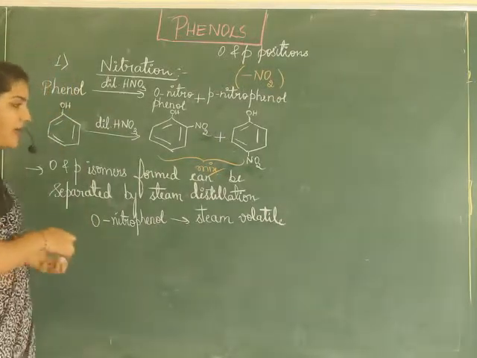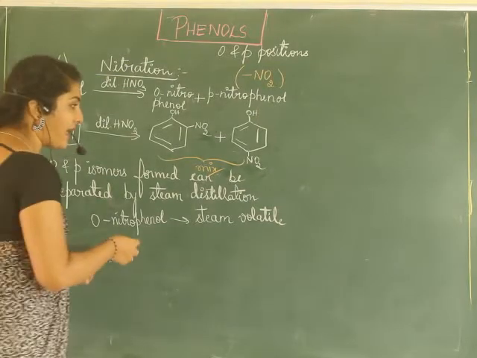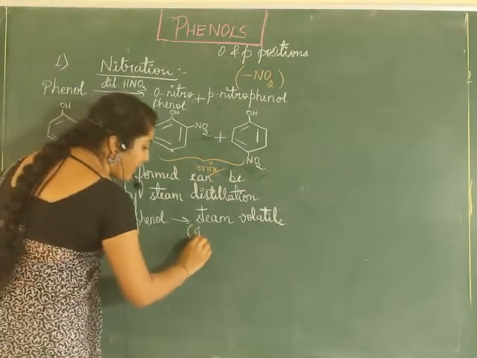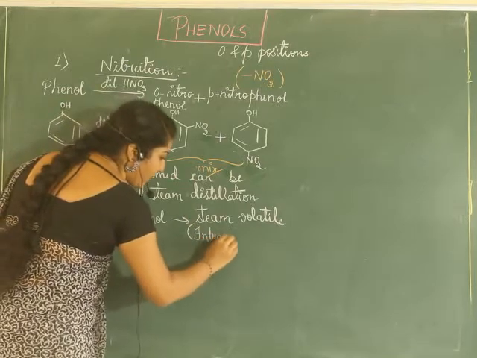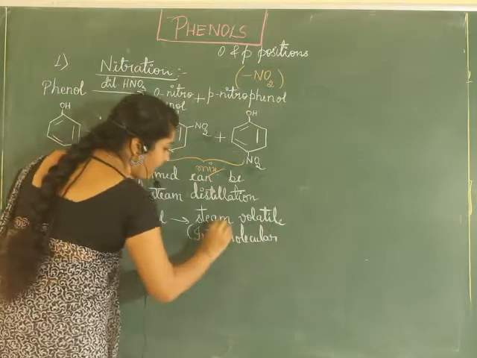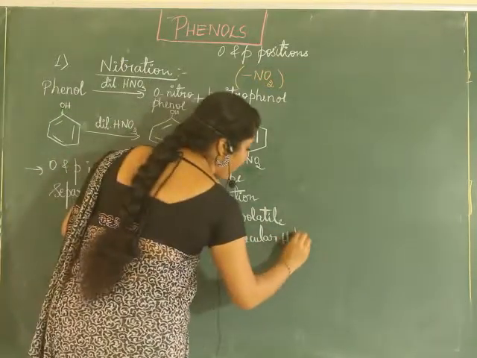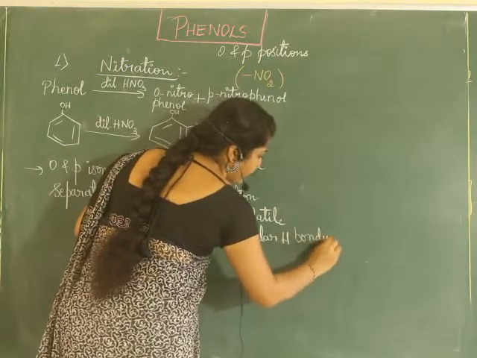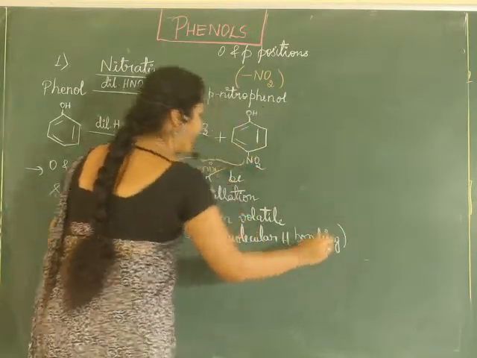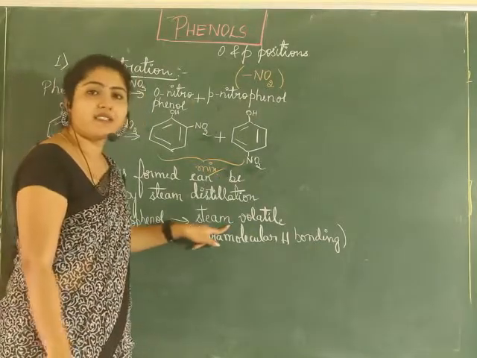So how orthonitrophenol is steam volatile, you know? The reason for this steam volatile is due to intramolecular hydrogen bonding. What is the reason for steam volatile nature? Intramolecular hydrogen bonding. We can see intramolecular hydrogen bonding in orthonitrophenol, because of which it is steam volatile.